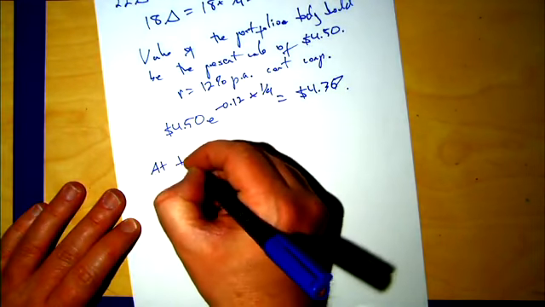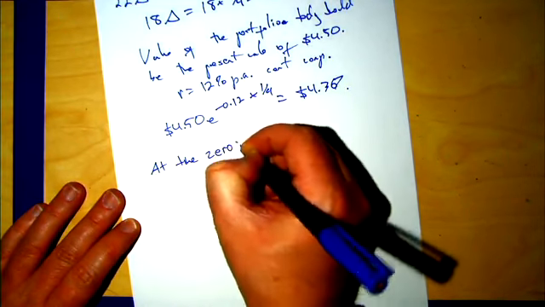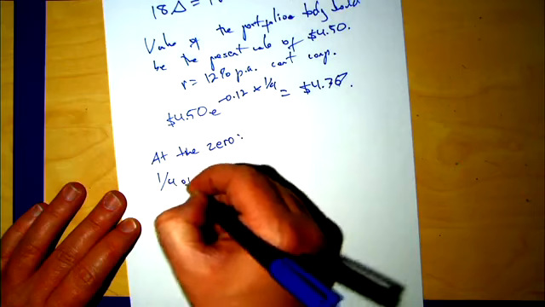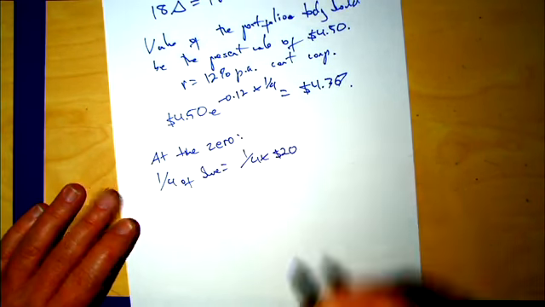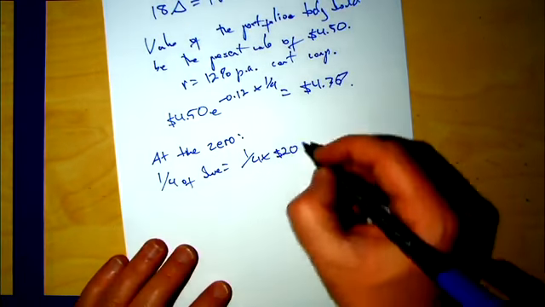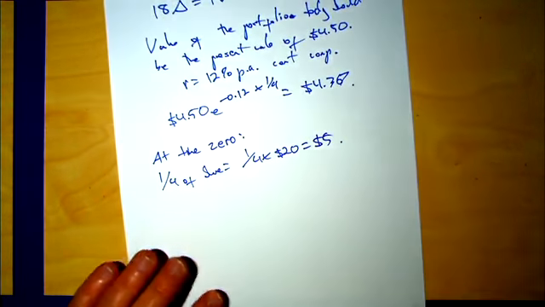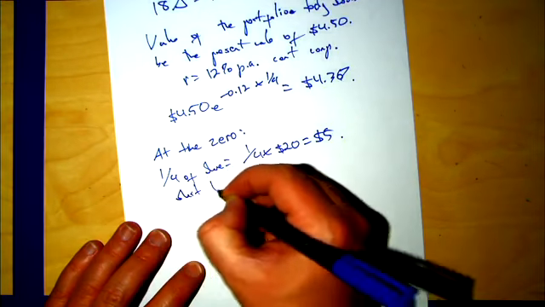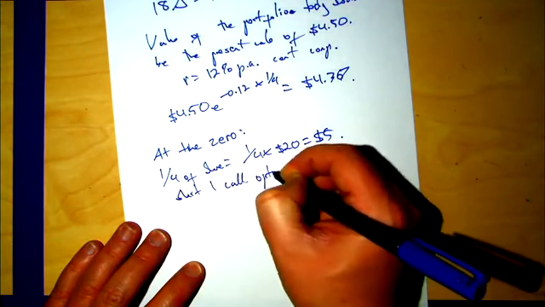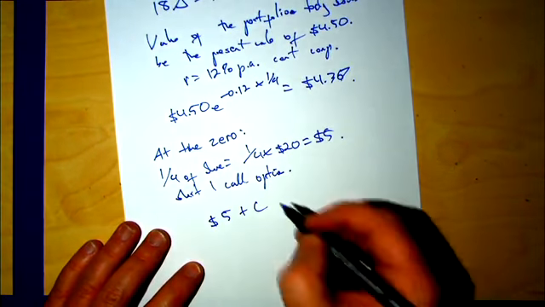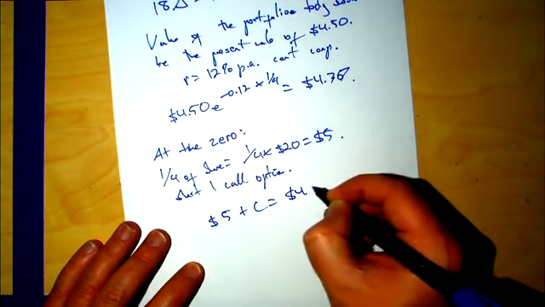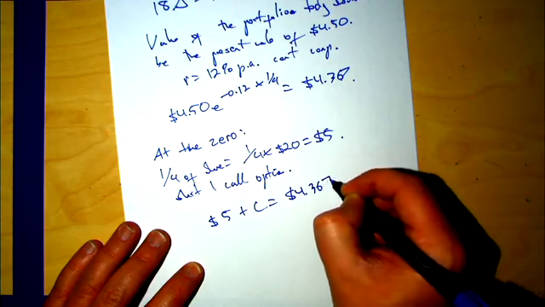And at time 0, a quarter of a share is worth a quarter times the spot price at time 0, which is $20, which gives me $5. And you're short one call option. So $5 plus the call option premium is equal to 4.367.